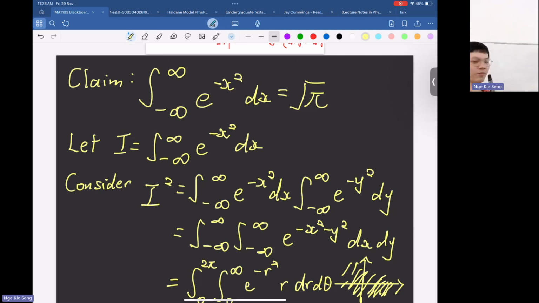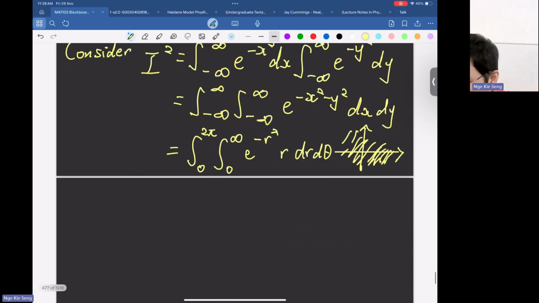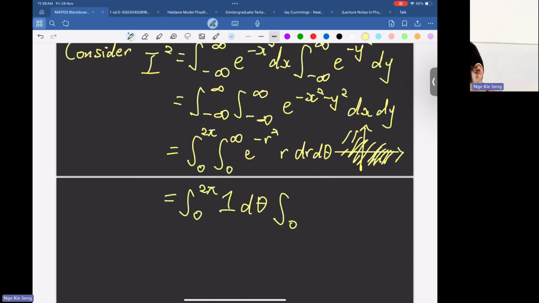So how to compute that? We can use integration by substitution. So let's see. How to do it? Well, we really can split the two integrals again because one of them depends on theta and the other depends on r. You integrate to infinity, right? So what you really need to do is an improper integral here.